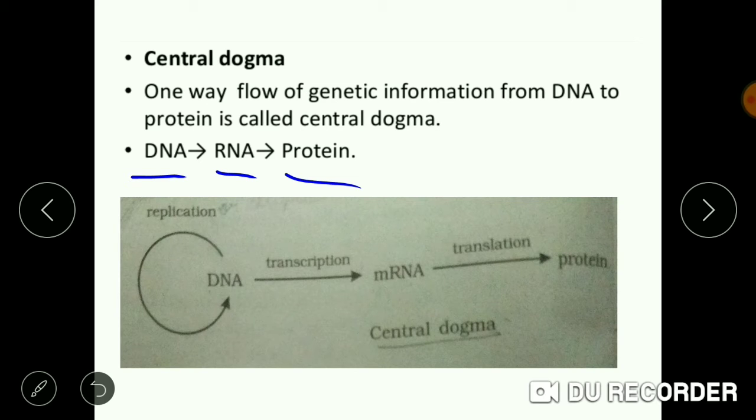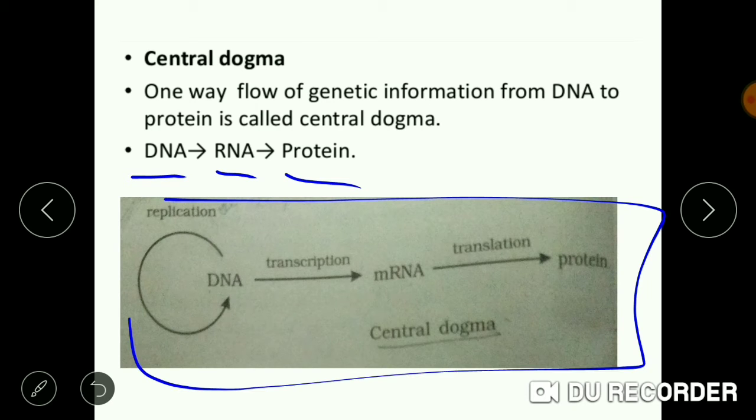In DNA, replication occurs, and then the information is transferred to messenger RNA by the process of transcription, and the messenger RNA helps in the formation of protein by the process of translation. This entire process is known as central dogma.